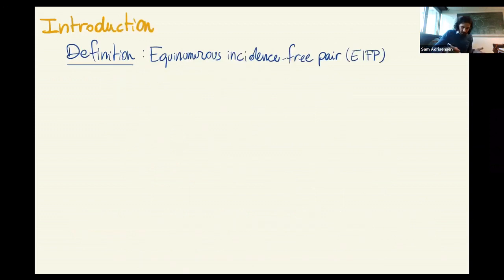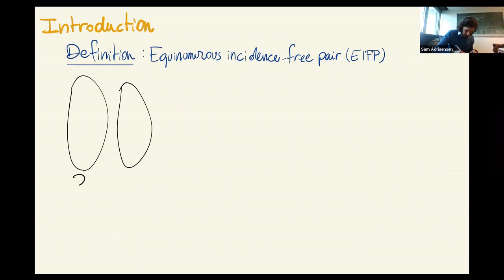Okay, so now if you look at the definition of an edge dominating set in an incidence graph, one of the definitions was that you have here your points and your blocks, and then you have some edges between them. And if you look at the uncovered vertices, then they are a co-clique in your graph.